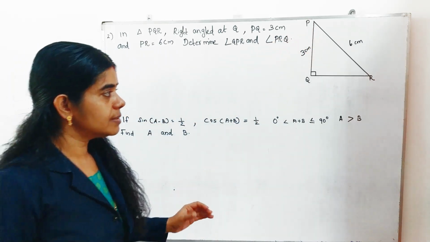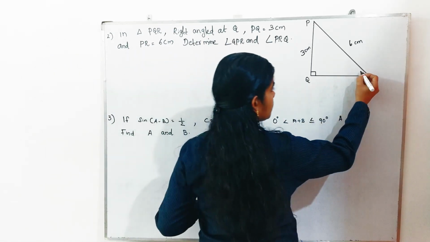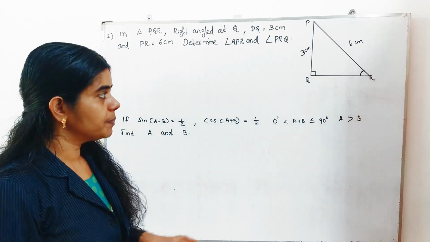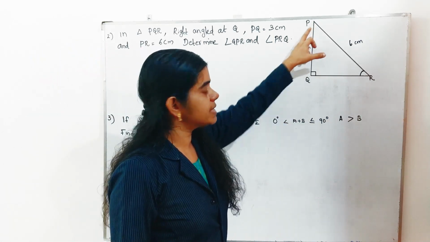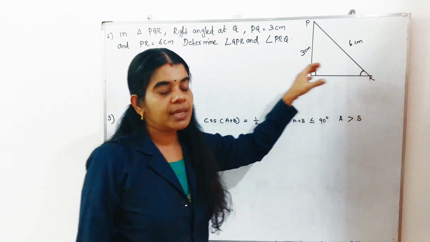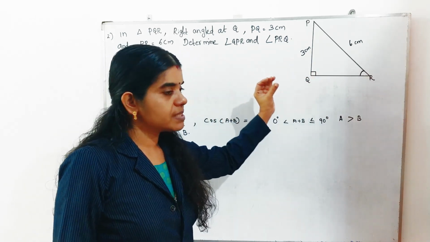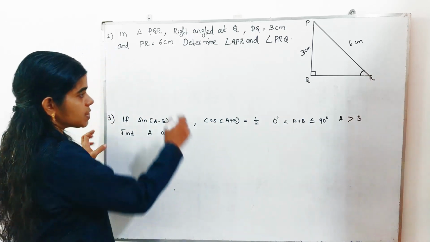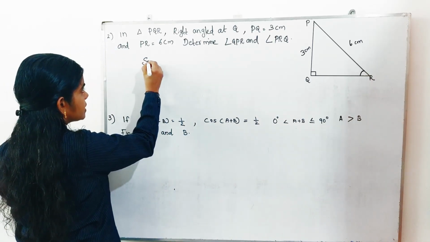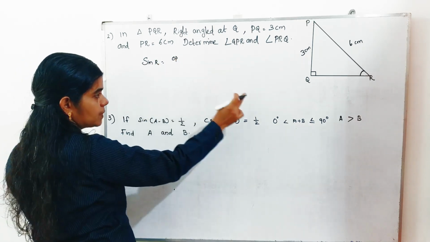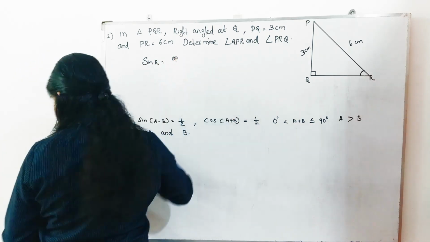Then we can look at any trigonometric ratio. I am marking this angle R. Based on that angle R, you already know that PQ is the opposite side and PR is the hypotenuse. Then you know that opposite side divided by hypotenuse is equal to sin R. First we can write sin R is equal to opposite side divided by hypotenuse.